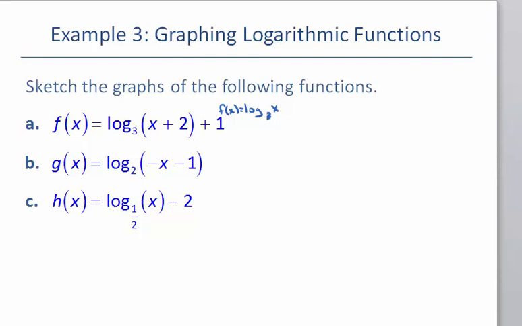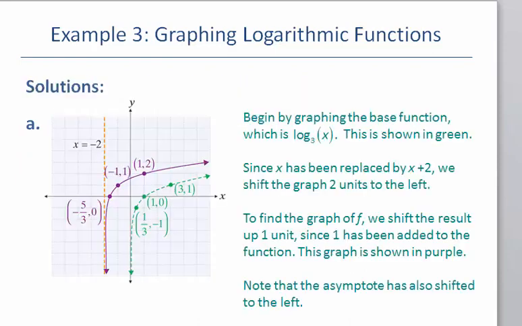And because it's plus 2, that causes a shift to the left. So the graph is going to move left 2 places. And then what does this plus 1 do? The plus 1 tacked on the end is going to move the graph up 1 unit. So let's take a look at our graph and see if that makes sense.